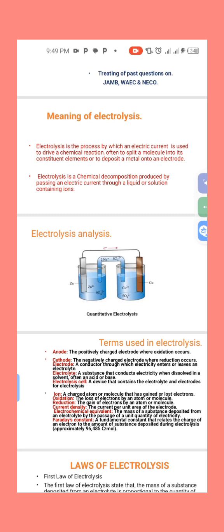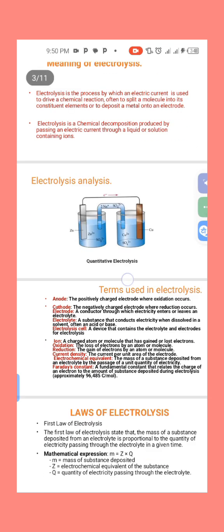So we believe that when a particular molecule that is ionizable is mixed with water or with solvents, they are going to separate into their independent elements. That's why we say electrolysis is a chemical decomposition produced by passing an electric current through a liquid or solution containing ions. The ions are the elements that split into each type of element.